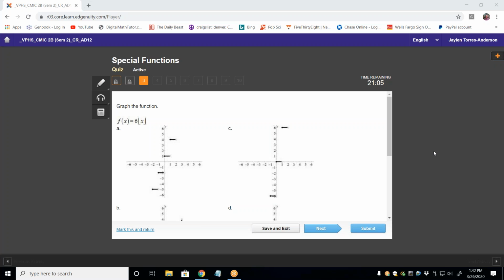Because you had the least integer function of 5.1, which was 6. And then you had the least integer function of minus 2.1, which was minus 2. Add those two together, you get 4.